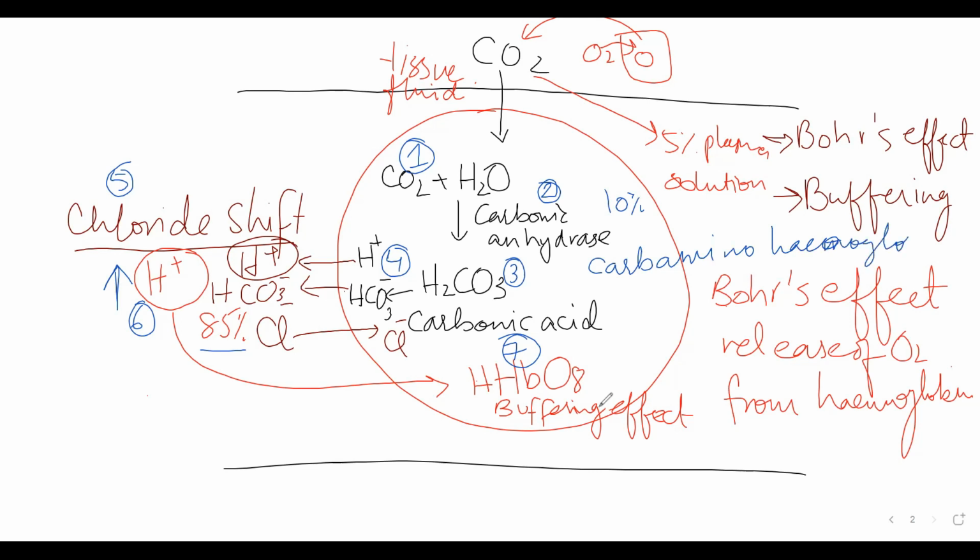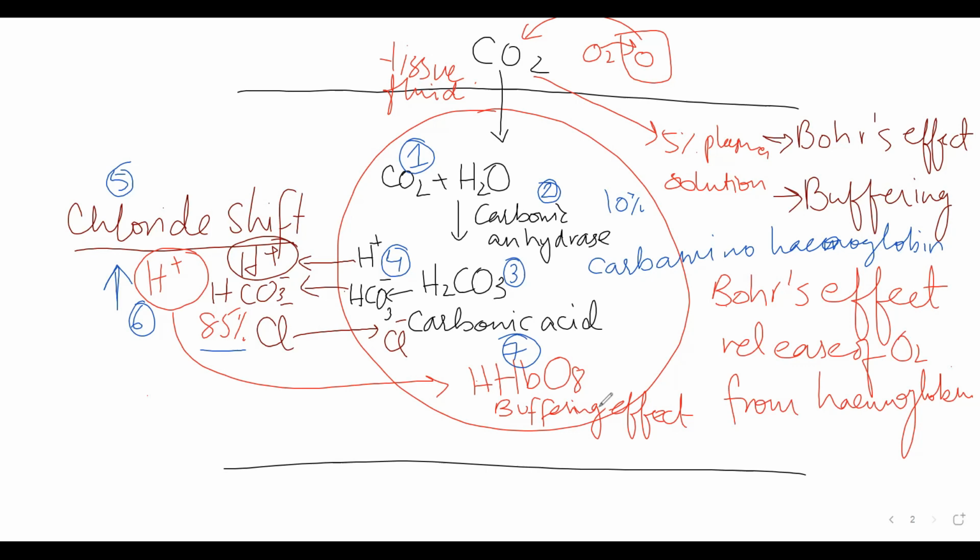Carbamino hemoglobin. What do we mean by that? It means that carbon dioxide also has some affinity with hemoglobin, right? And when carbon dioxide binds with hemoglobin, now you will say, ma'am, you said hemoglobin binds to the oxygen and then it binds to the hydrogen ions. Then how come the hemoglobin is binding to the carbon dioxide?